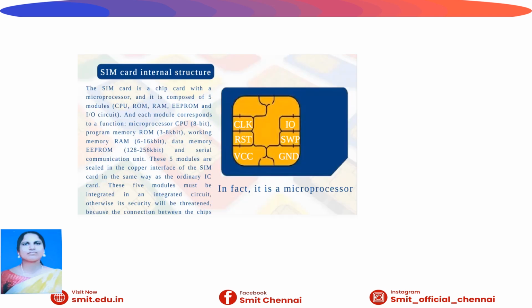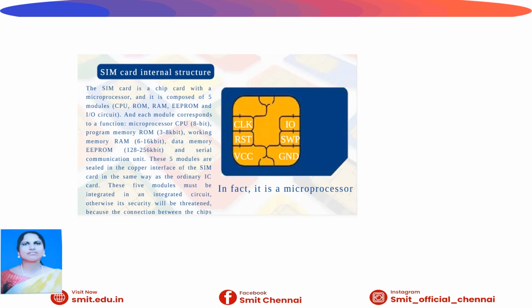Next is the SIM card internal structure. It is a chip card with a microprocessor, and it is composed of 5 modules: a CPU, read-only memory, random access memory, electrically erasable programmable read-only memory, and I/O circuits.